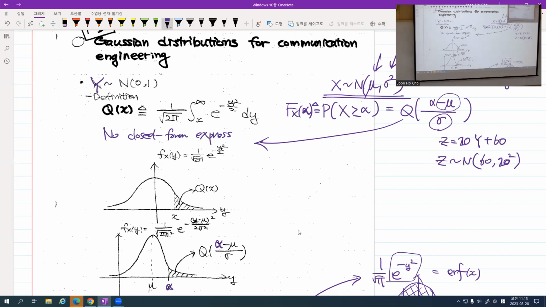By the way, closed form expression is not a formal way to describe this situation, but many people use it. No closed form means that there is no mathematical formula in terms only of elementary functions. But here is the trick. What are elementary functions? The Q function itself is an elementary function.